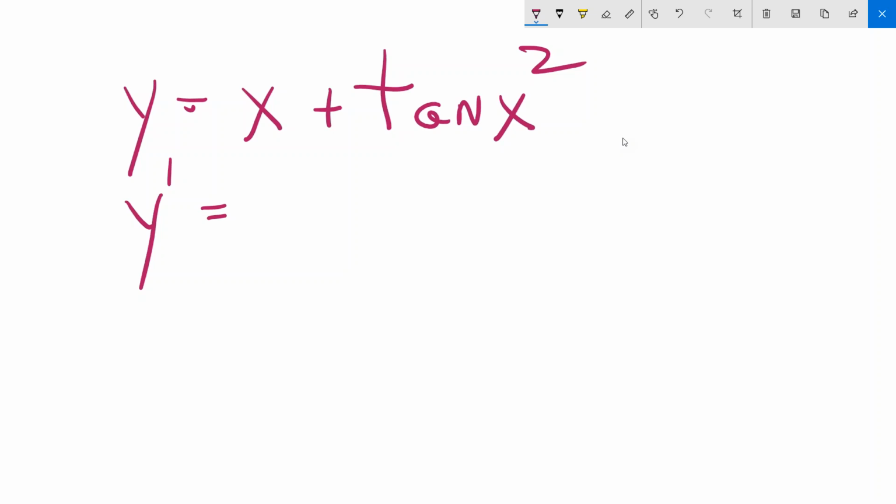So we're going to have 1 plus the secant squared of x squared times 2x. Very good.